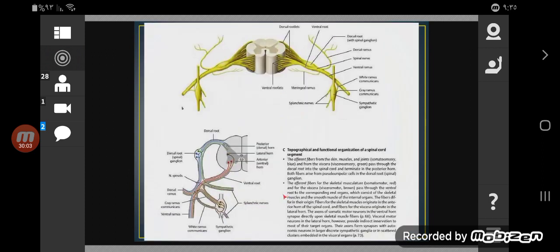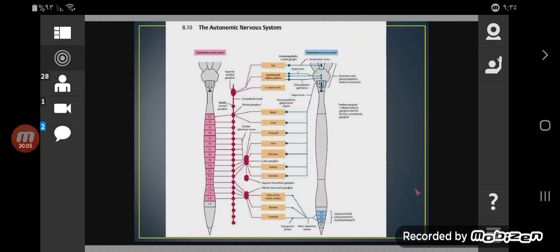Another thing about the anatomy of the cardiovascular system is the thoracic sympathetic trunk and the relevant nerves that arise from this part of the sympathetic trunk.